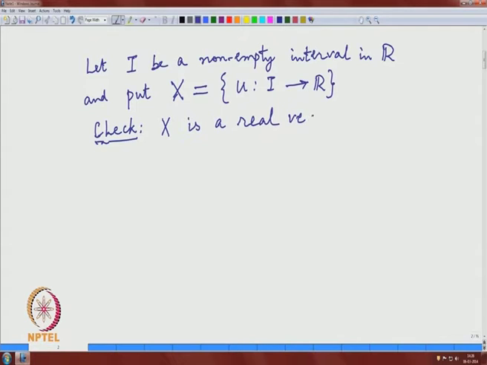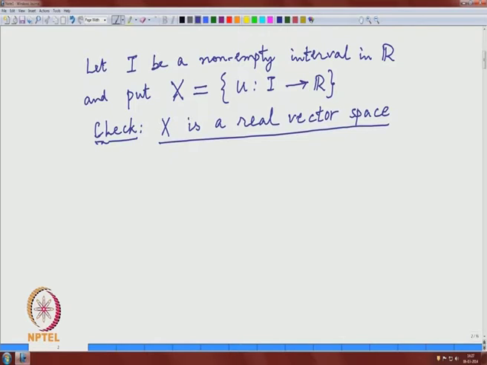So, if we are given two functions in this set X, u1 and u2, then I can define their addition and multiplication by a real number, and if u belongs to X, minus u also belongs to X, and minus u is the additive inverse of u, and the identically 0 function is the 0 in this vector space. So, it is not difficult to check that X is a real vector space.